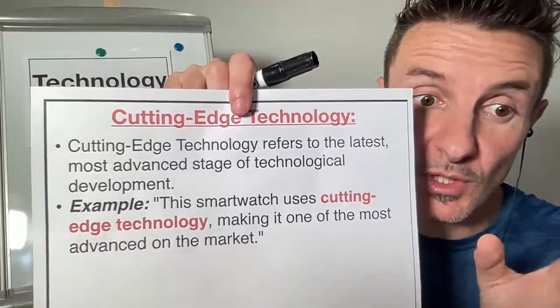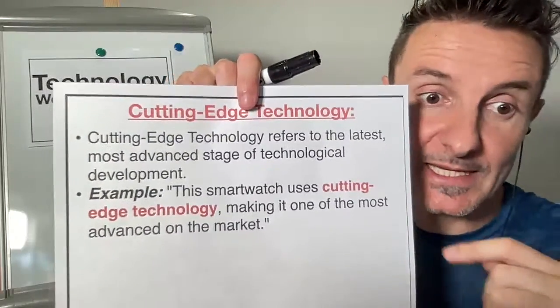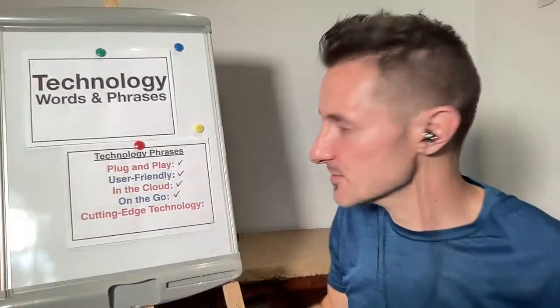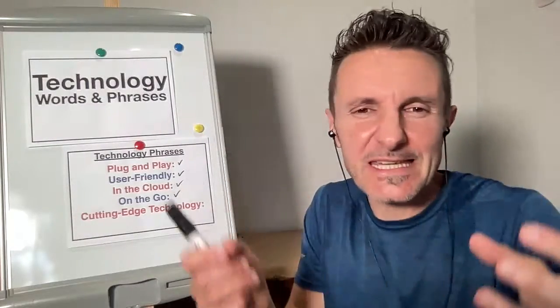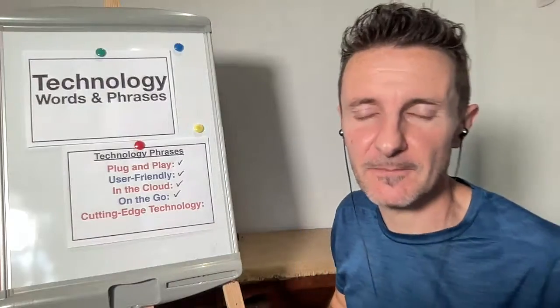It's so new. It's better than all the old ones. No one has used this one before. It is advanced. Advanced means it's new. So cutting edge technology: the latest, newest machines, the latest, newest software, new things you've never seen.